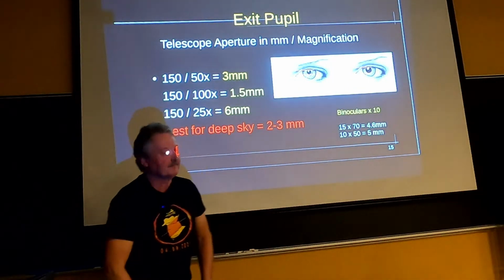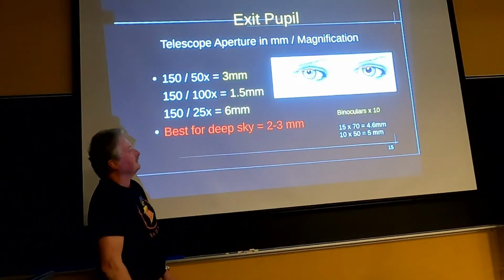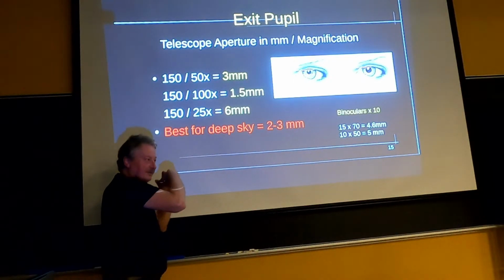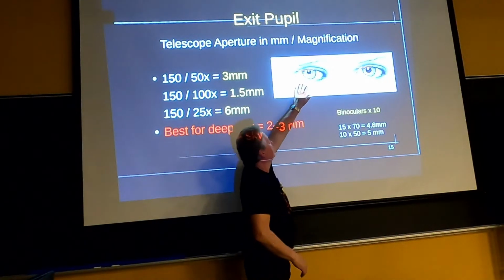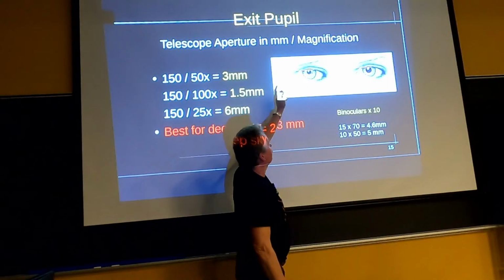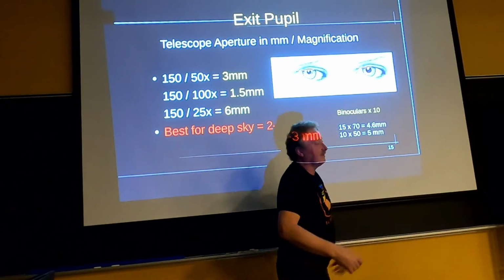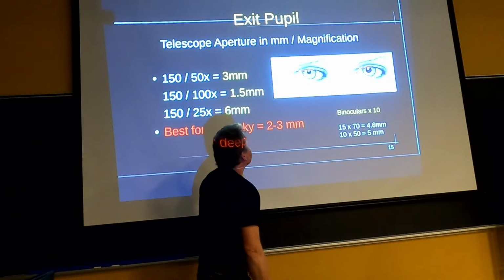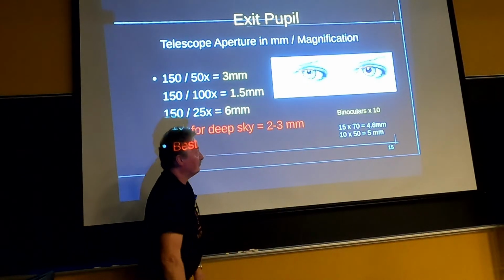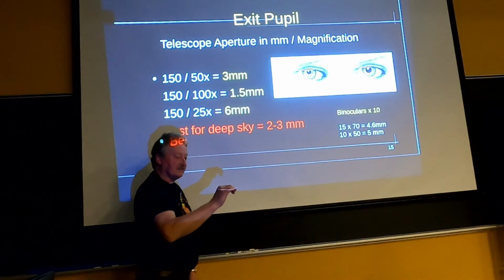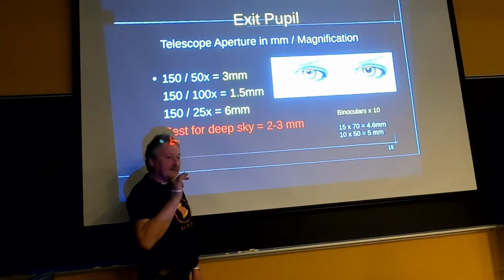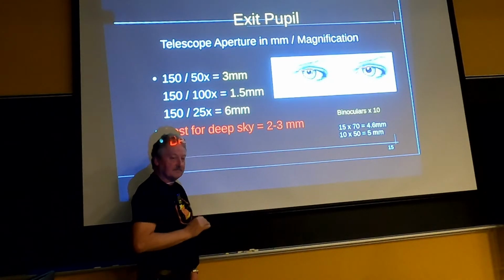Exit pupil. So the human eye's pupil will open up between roughly 2 millimeters to about 7 millimeters. In some kids, it'll go to 8 millimeters. A telescope, once you put your magnification in, brings out that image in millimeters.